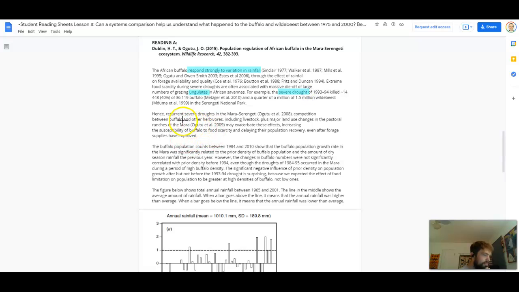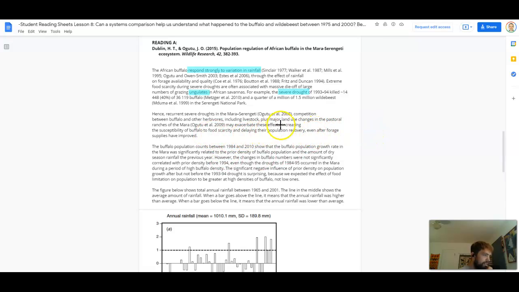Hence, recurrent severe droughts in the Mara Serengeti, competition between buffalo and other herbivores, including livestock, plus major land use changes in the pastoral ranches of the Mara, may exacerbate these effects, increasing the susceptibility of buffalo to food scarcity and delaying their population recovery even after forage supplies have improved.